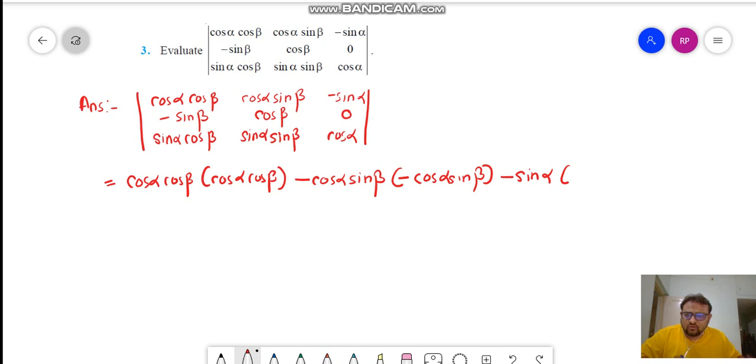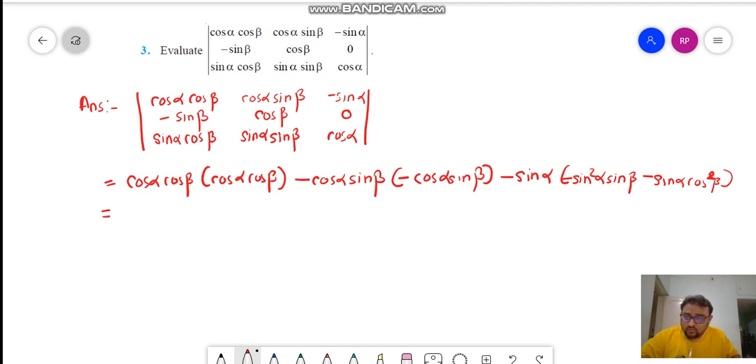Okay, so now here I will see minus sin beta into sin alpha sin beta, so that will be equal to minus sin square alpha sin beta, minus here it is cos beta into sin alpha cos beta, that is sin alpha cos square beta.